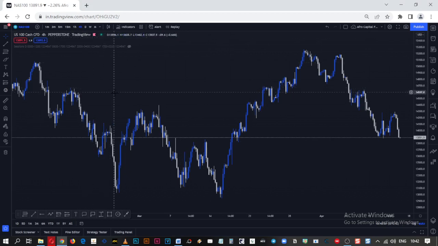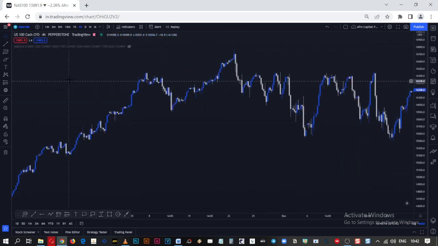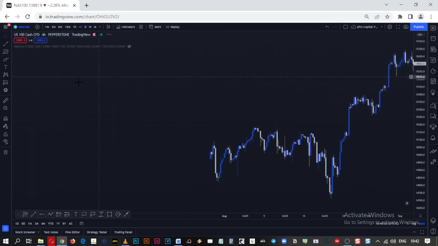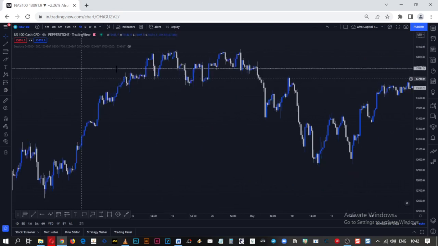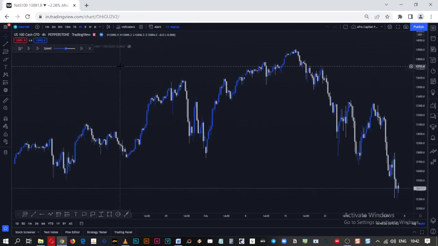So we are now on a 4-hour time frame. This is NAS100. I'll pick a random spot where I'll be back testing. Let's cut it here.